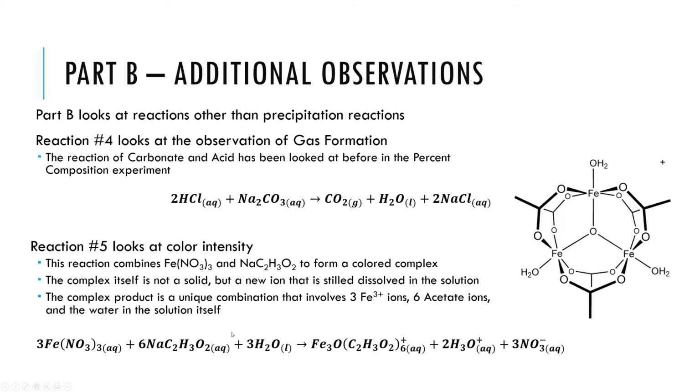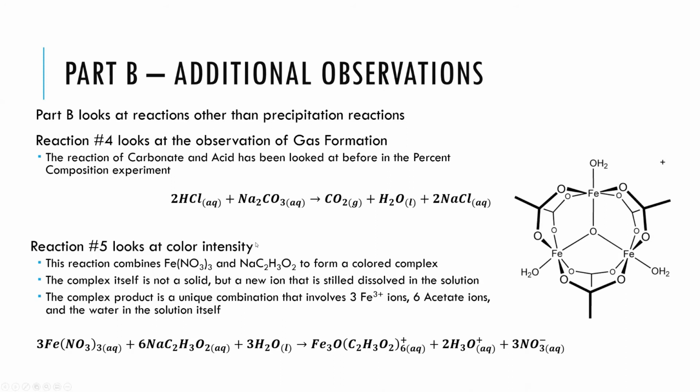The fifth reaction looks at color intensity. So another observation that comes up when a chemical reaction occurs is a color change or the formation of a color. And you'll see that in the reaction of iron nitrate and sodium acetate.